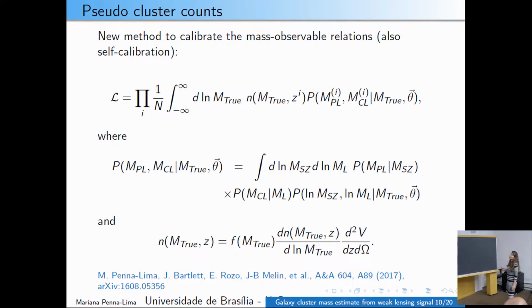The halo mass function is the density. Halo density is a function of mass and redshift, and this is the probability distribution.